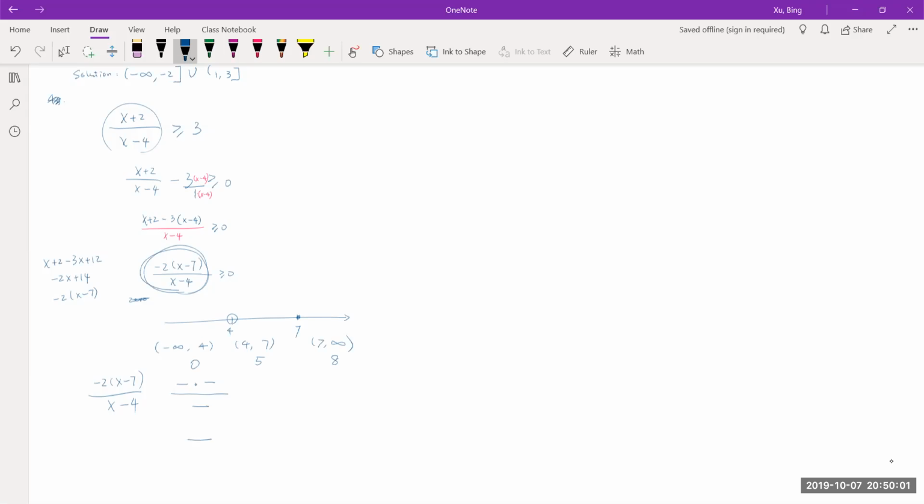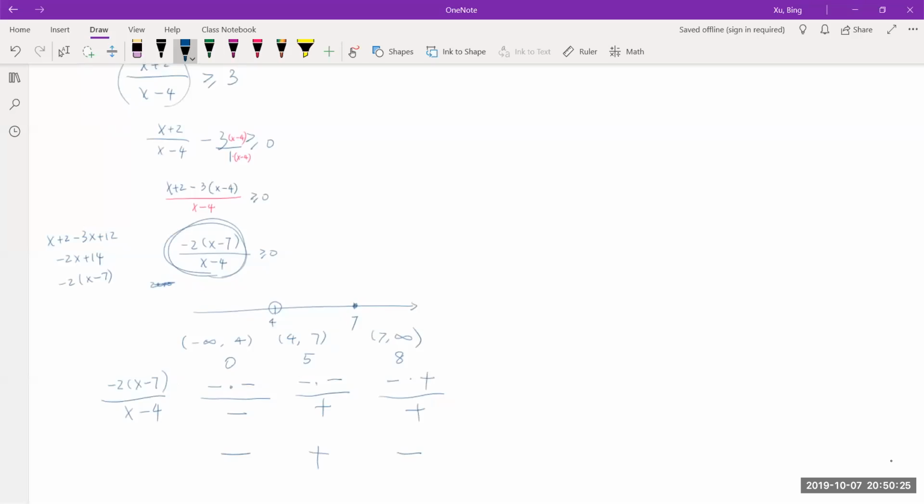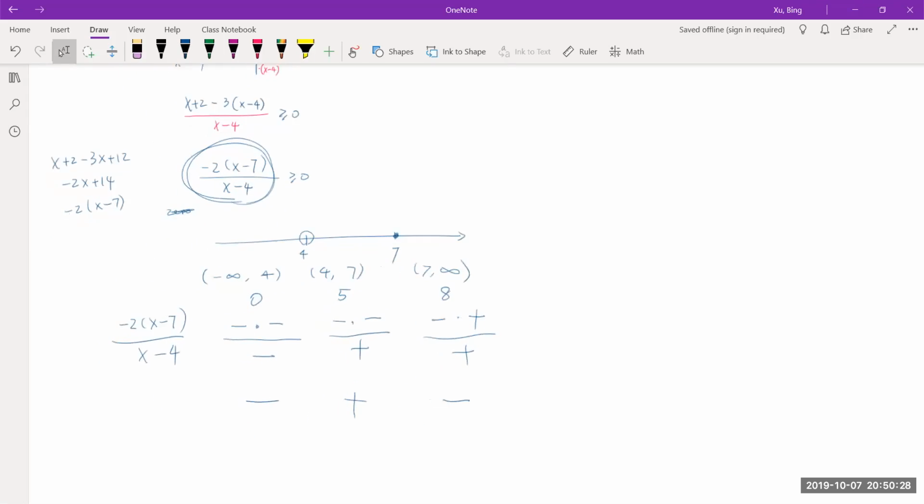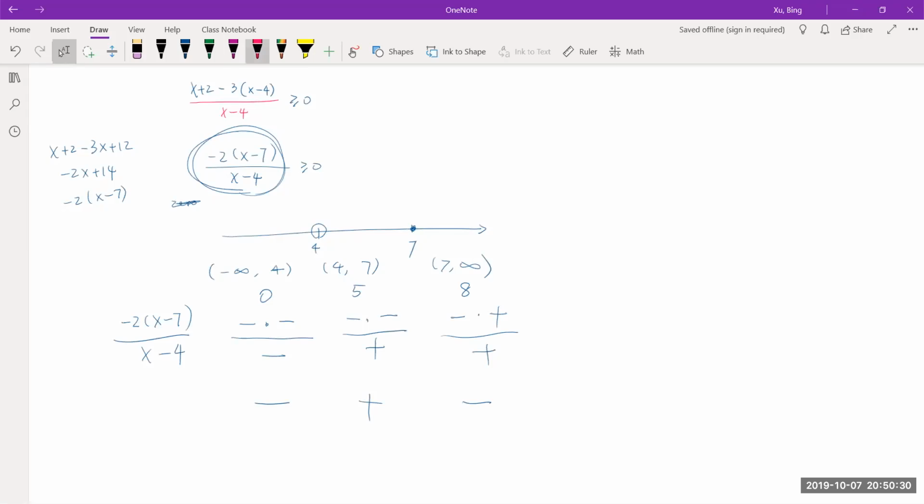So it's negative. Plug in 5. Negative 2 is negative, times 5 minus 7, negative, over positive, which is positive. Plug in 8. Negative 2 is negative times positive over positive, so overall it's negative. We want to know when this expression will be positive, so that will be this interval.